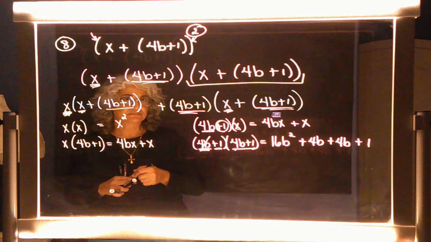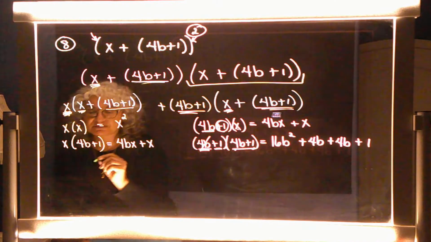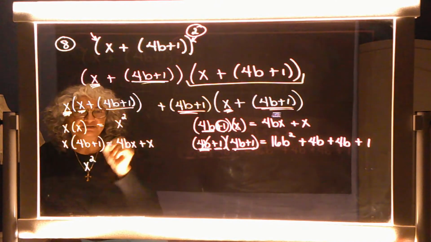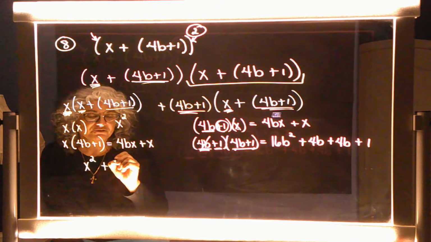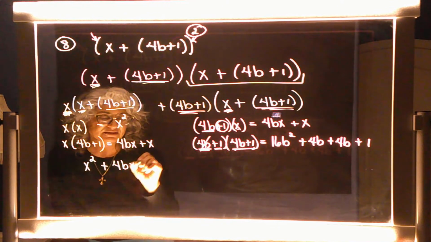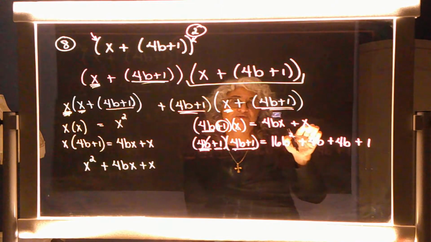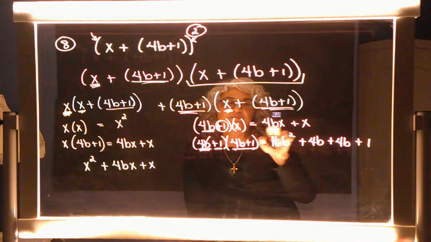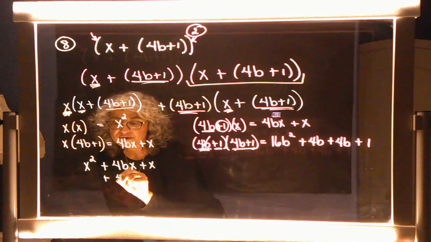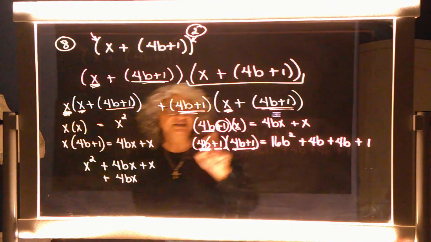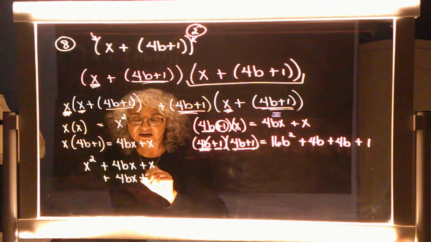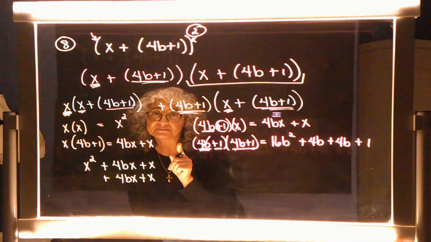All right, so my first distribution gave me x squared and a positive 4bx and then a positive x, right? This distribution, I have a positive 4bx, which I'm going to write under the like term, and a positive x under the like term. Got it?